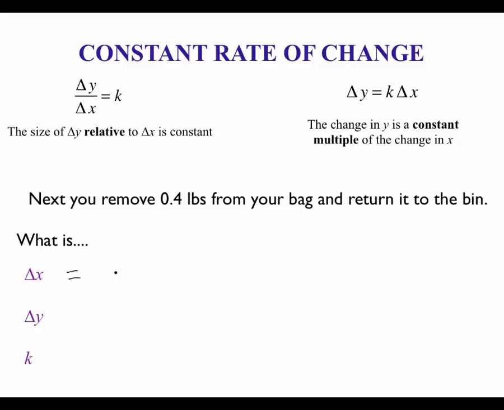Okay, a little bit different. What's delta x? Here's the key: negative 0.4. Mathematically, if it's a decrease, then that's a negative change. Final value of the quantity minus the initial value of the quantity will give you a negative number. So what's delta y?